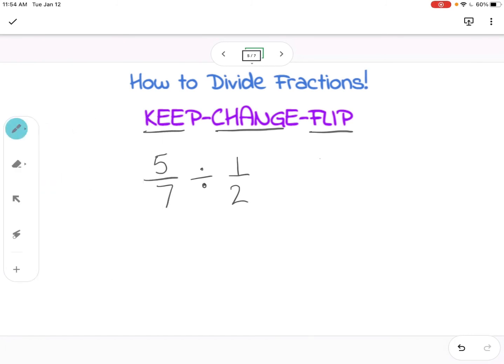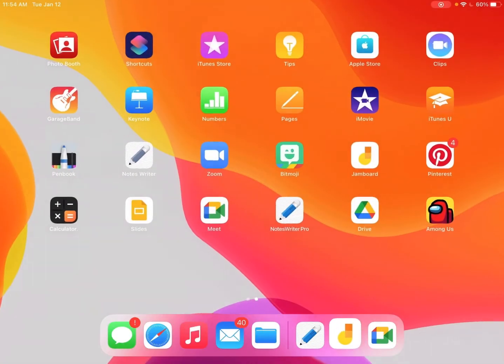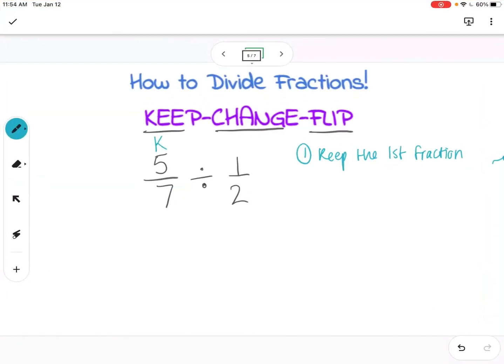So what keep, change, flip tells us to do is to keep the first, and I'll write these steps on the side over here, keep the first fraction as it is. So no changes need to be made, we just keep that first fraction. Our second step would be change. And what do we change?